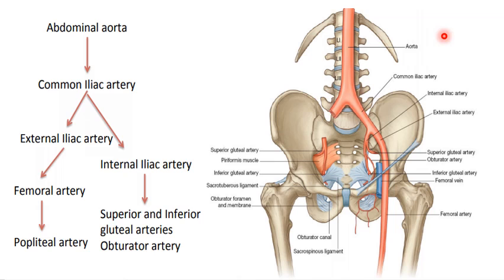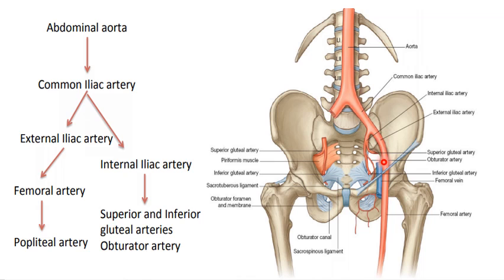So in a gross overview, the abdominal aorta divides into common iliac arteries, and each common iliac artery is further divided into the external iliac artery and the internal iliac artery.